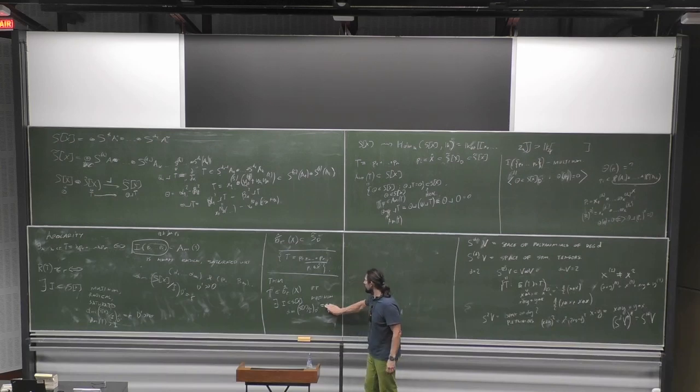Well, it's almost always equal to R, except when it's not possible. It's the minimum between this and the dimension of S_X in degree d prime.